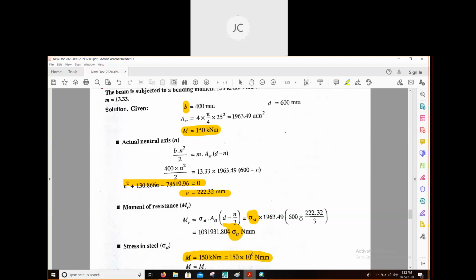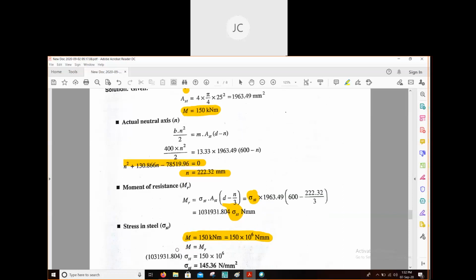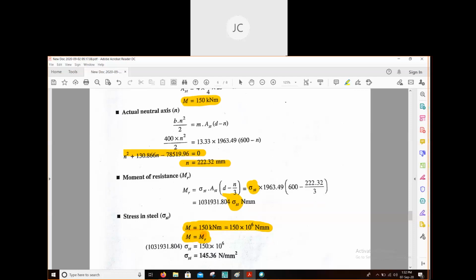Whatever moment is given in the question is actually nothing but our moment of resistance. So we will equate this moment of resistance with the given moment. M equals MR. The M value is given as 150 kilonewton meter.